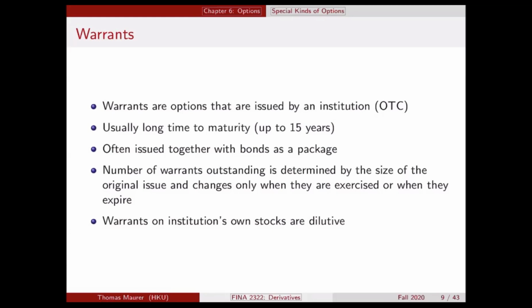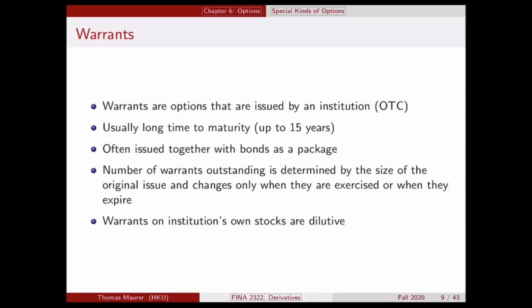Notice that usually warrants are issued together with bonds. That means a company typically wants to borrow money, and to make it more attractive to lenders, they would also give these lenders some warrants. Why is this attractive? Well, it gives the lender the opportunity to become a stockholder in case the stock price increases a lot.